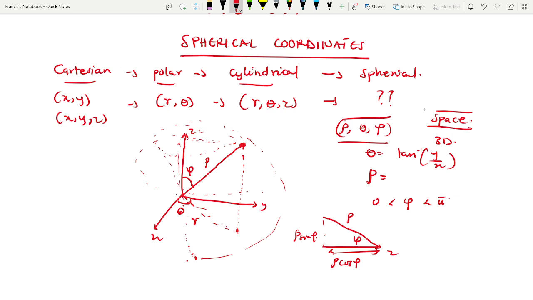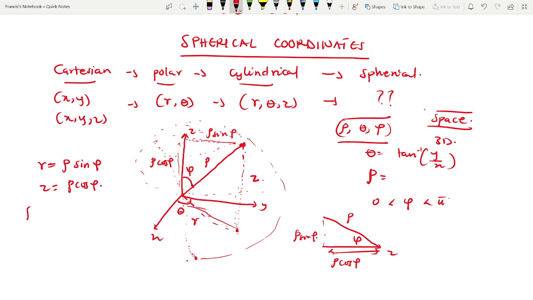So what I'm trying to show you is that this side is simply rho cos phi, this side is rho sine phi, and you can clearly see that this part is parallel to our r down here, meaning that our r is simply equal to rho sine phi. Then you can clearly see that this side, which is the z, is equal to my rho cos phi.